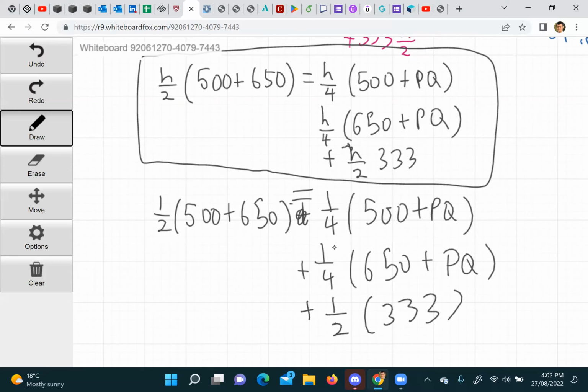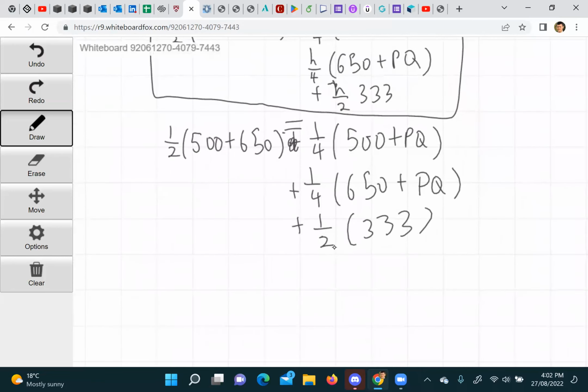Yeah, you do a lot of things here. I guess I'm never really tempted to add the 500 to the 650 for some reason. I'm more tempted to subtract stuff.